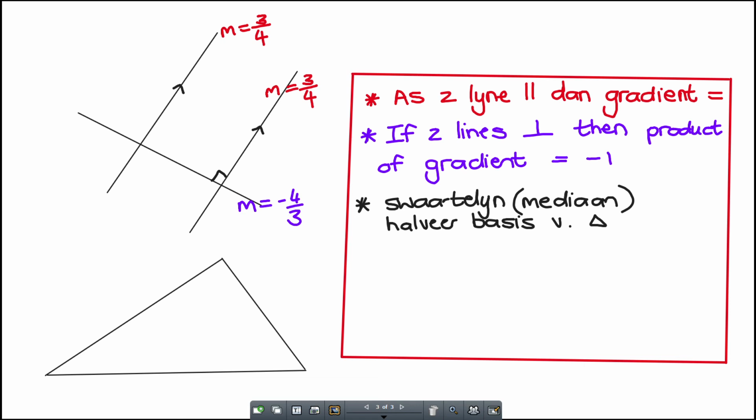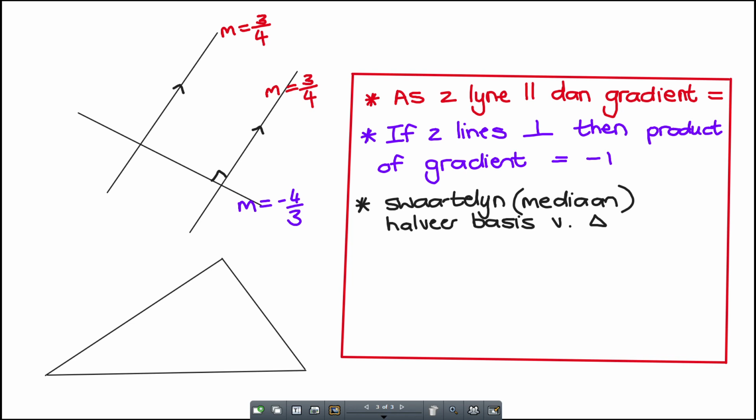So, it's median. And the other one is perpendicular bisector. So English is just median, right? So when we have a median, it means that the base of the triangle, it just cuts in half.